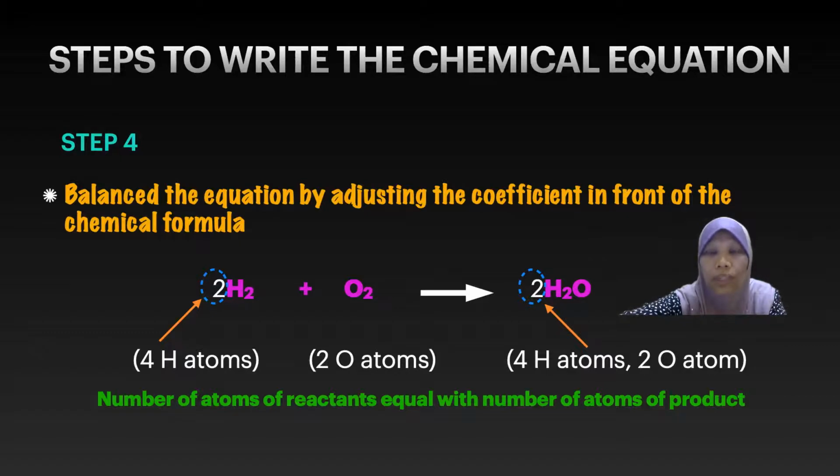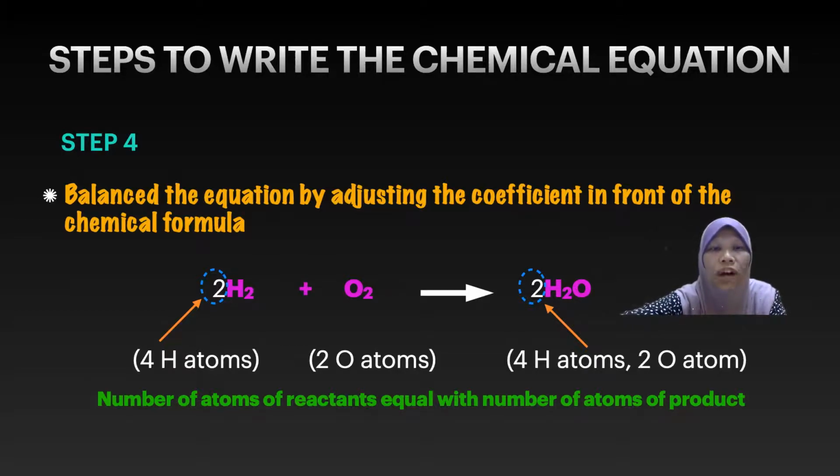Now, if you look at oxygen at the reactant, you can see that the number of oxygen atoms is now equal to the oxygen atoms in water. Now we have 4 hydrogen atoms in the water, so we need to balance it with the hydrogen. So we put number 2 in front of hydrogen.